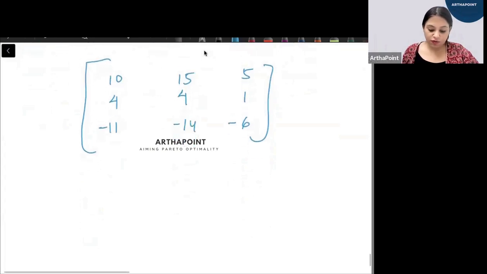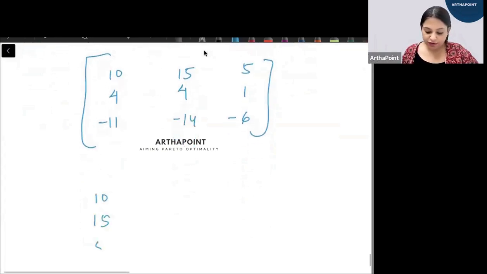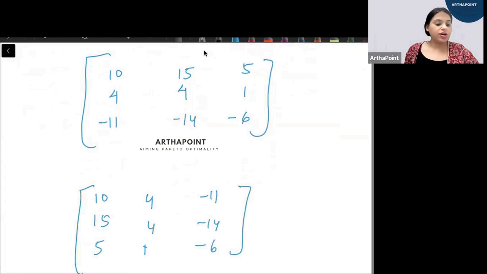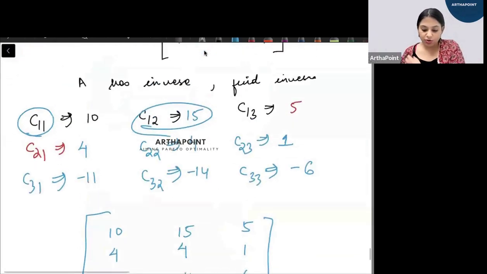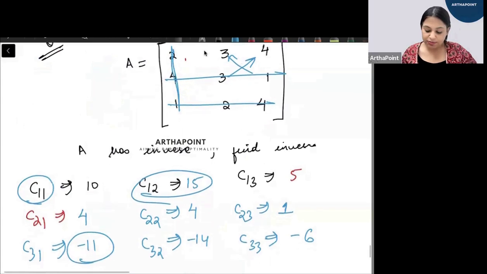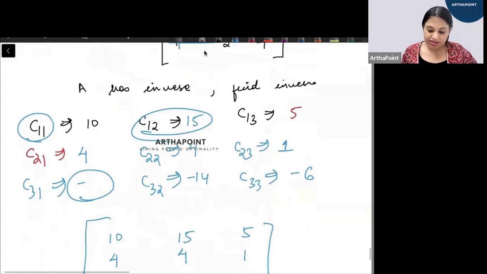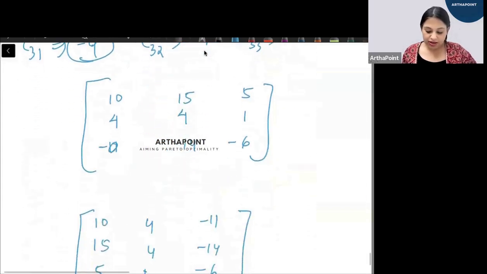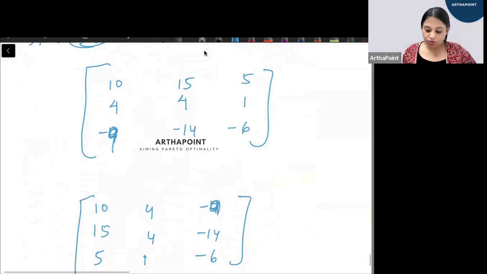Now if I find the transpose of this matrix, I'll get 10 15 5, 5 4 4 1, minus 11, minus 14, minus 6. This is our determinant of the matrix. Let me check the calculation once. C31, third row first column, 3 minus 12, sorry, 3 minus 12 will be minus 9. This will be minus 9, and this will also be minus 9.